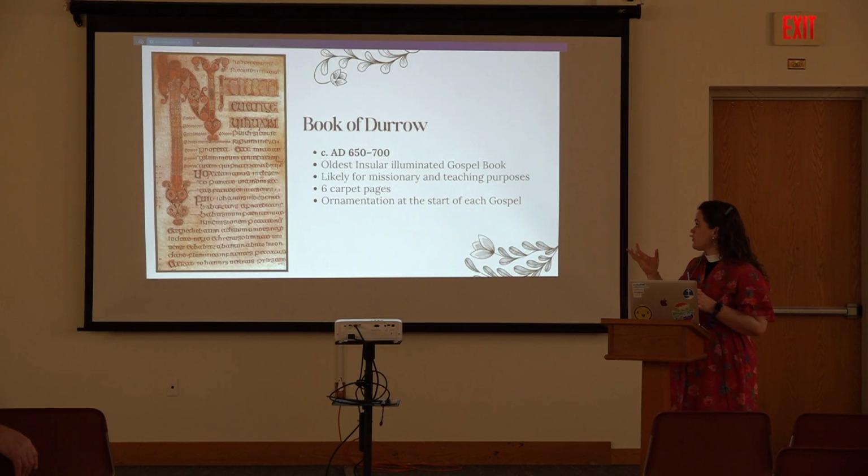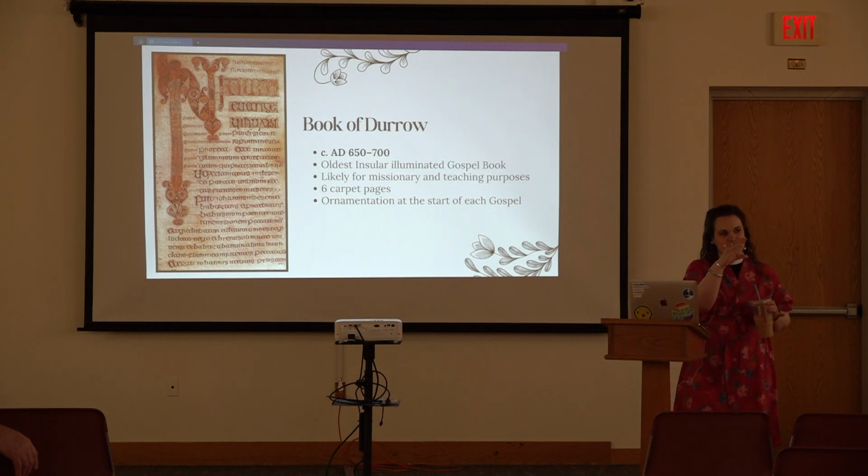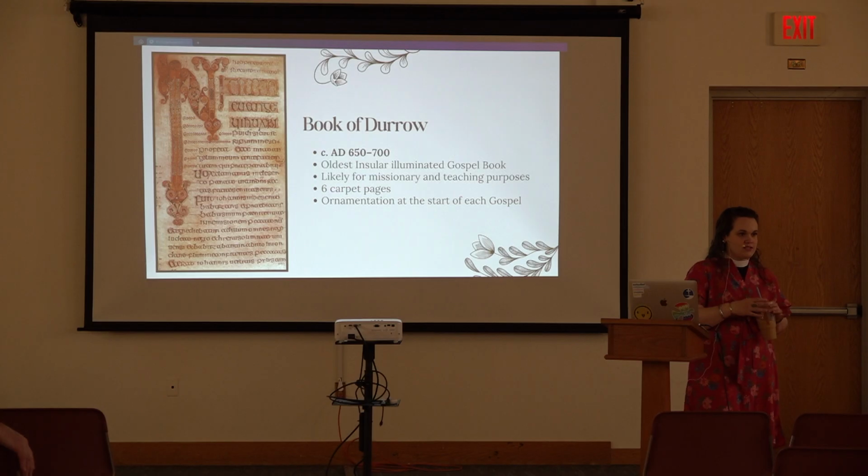But these large first letters, often embellished with red dots, have a gradual decrease in the size of the letters from that first letter down to the rest of the writing. And this is called the diminuendo effect, and it's distinctive of this style.